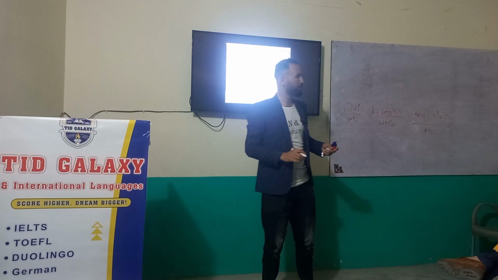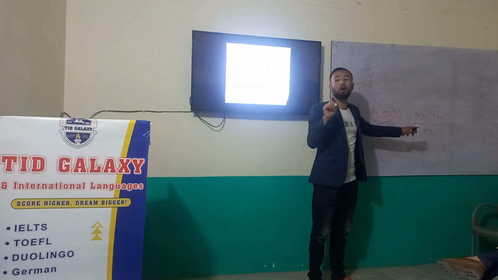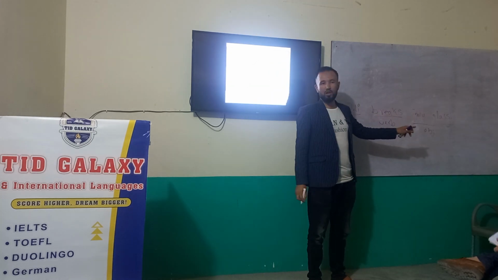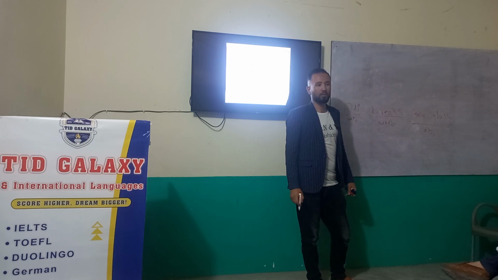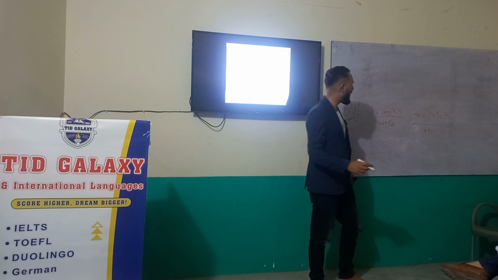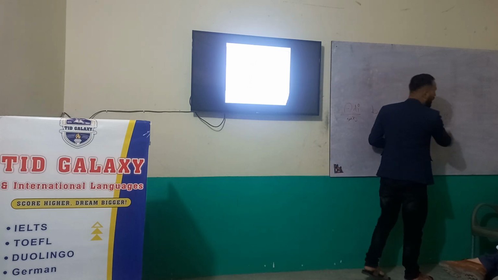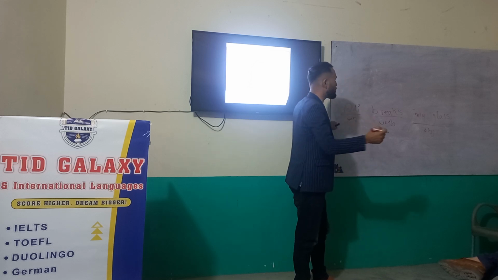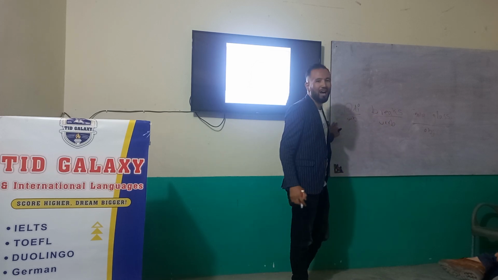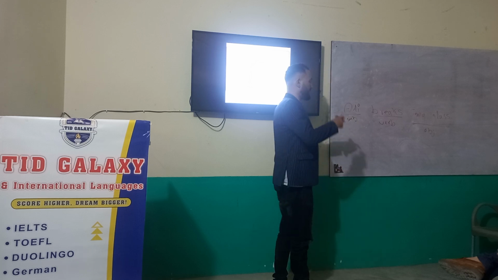Okay? So here, first you should find the object. It is the first rule. What is the object of this sentence? My glass. My glass is the object of the sentence. So it is the first rule that you should bring the object to the beginning of the sentence.